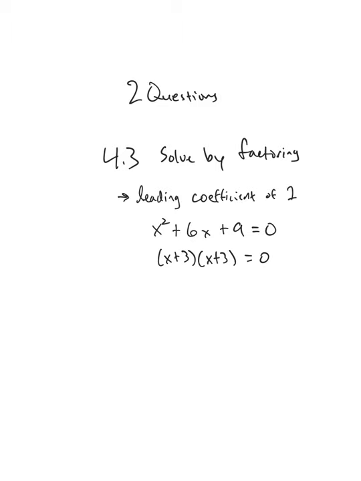So have one that has a leading coefficient of 1, and then have one that requires the box method, or there was a handful of students who I showed the grouping method. They're the same thing, guys, but this has a leading coefficient other than 1.